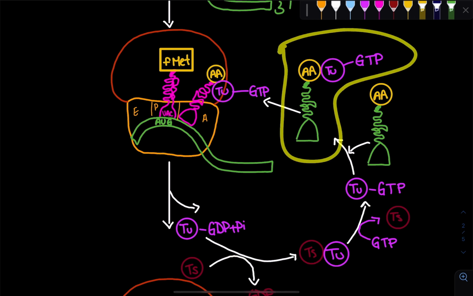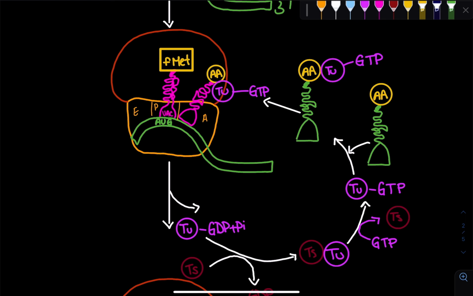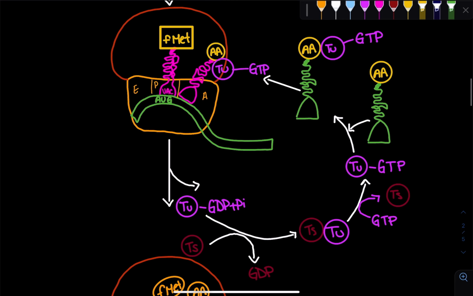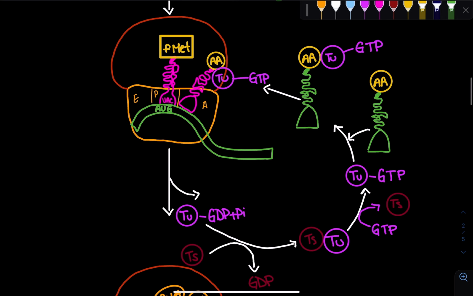We want this because this is going to facilitate bringing it into the A site, and then the cleavage of this GTP allows for this cycle to continue. And the whole purpose of thermostable is to allow thermounstable GDP to be converted to thermounstable GTP. So once again, these two, TU and TS, are elongation factors.